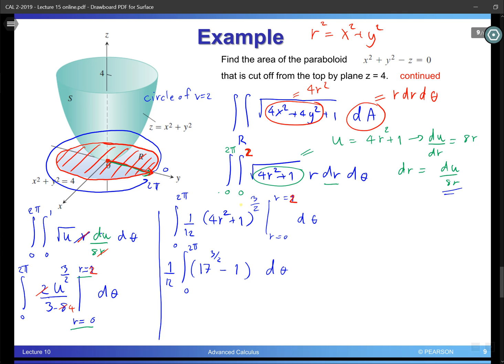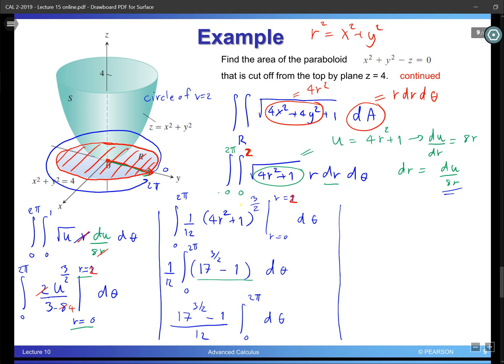And as you can see here, this inside is all numbers, so I don't need to worry about these terms, I can just take it out. So it's going to be equal to 17 to the power of 3 over 2 minus 1, over 12, and the integration from 0 to 2 pi of just 1 with respect to theta.